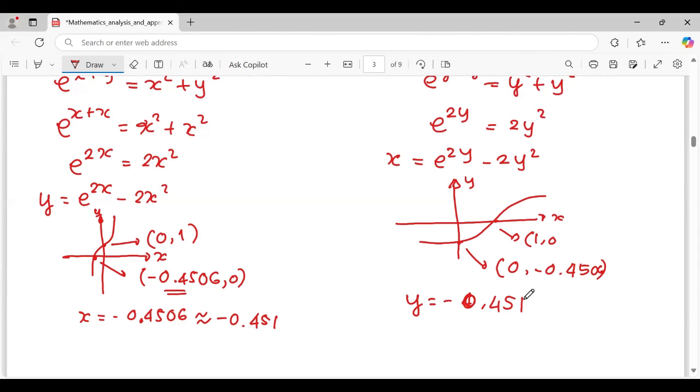So the coordinate point on C where the tangent has gradient minus 1 is minus 0.451 and minus 0.451.